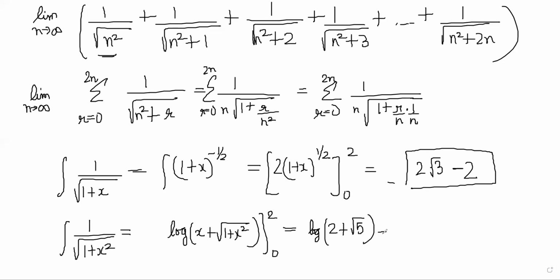Okay, this is not coming the same. The answer is given as 2. This is not going to give 2 for sure. Then maybe this is not the thing. This integral version is not working.